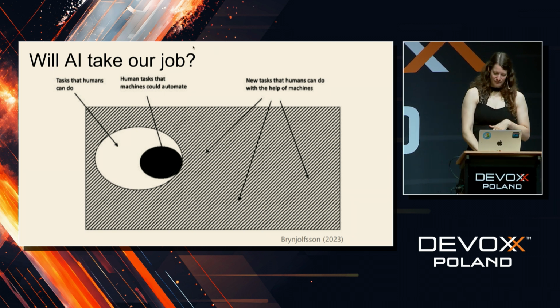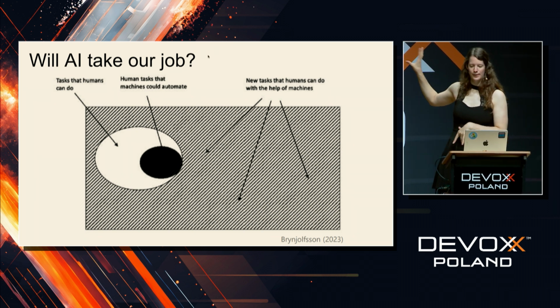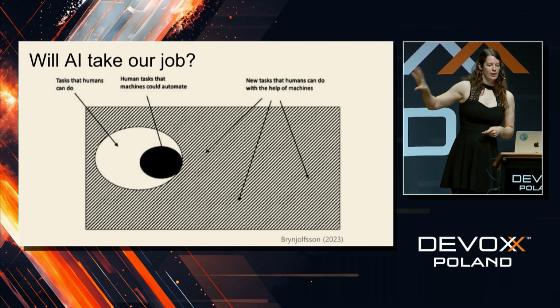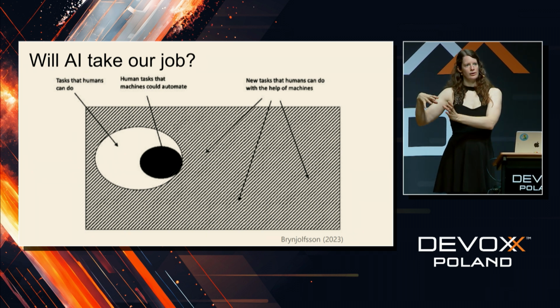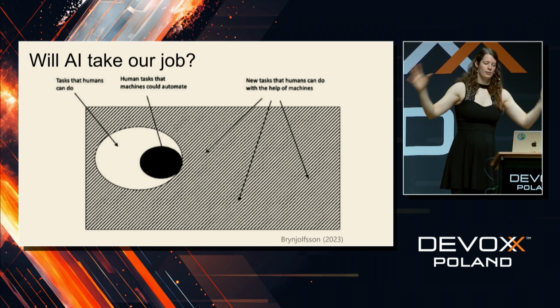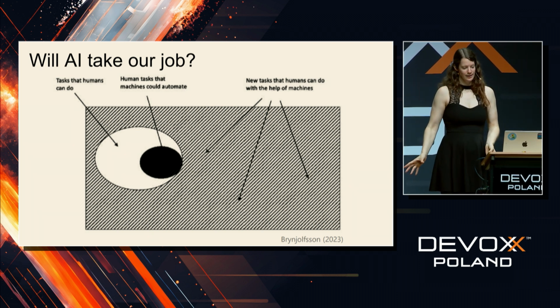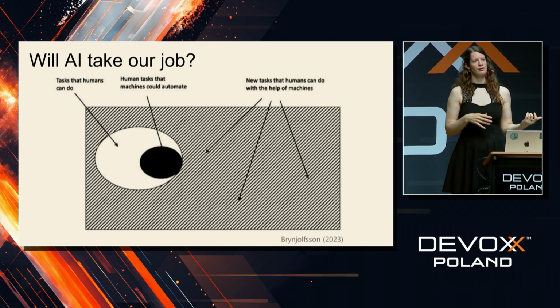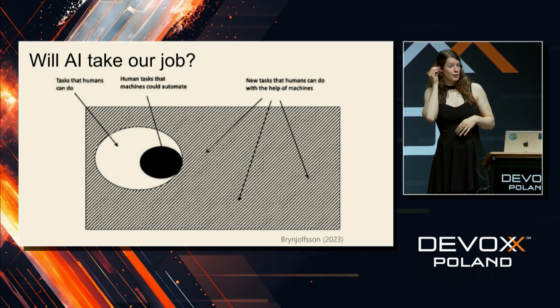And so why is this? What you can see on this graph, in white is what humans can do. In black is what machines can take over. So all these people will be out of a job. But around there, like endless space basically, is things that humans can do with the help of machines that was not possible before, and that now becomes a new job.